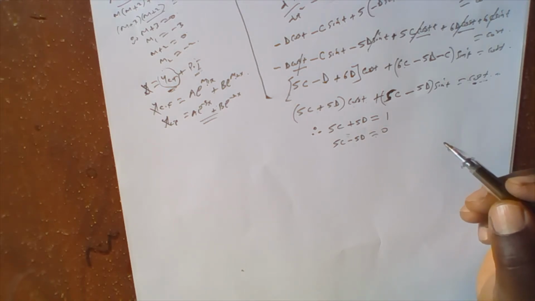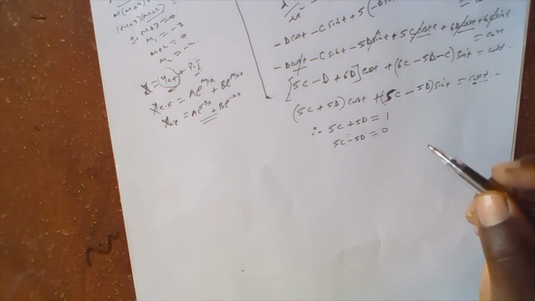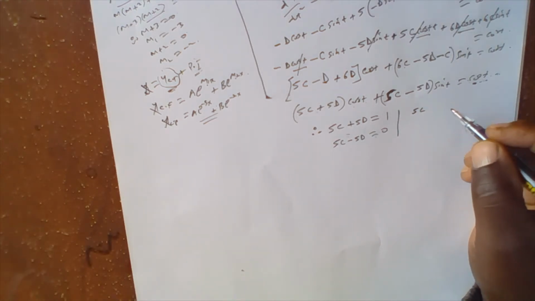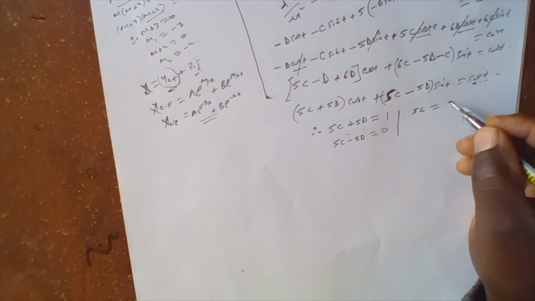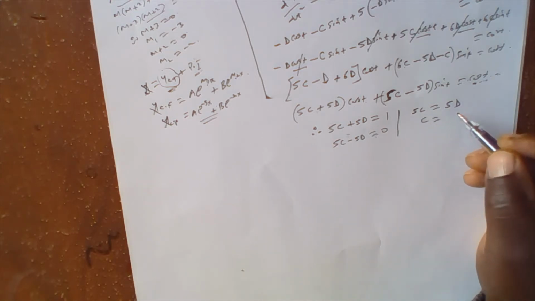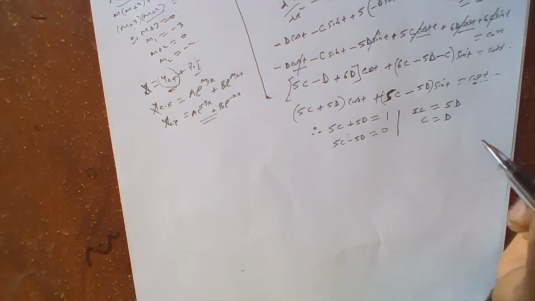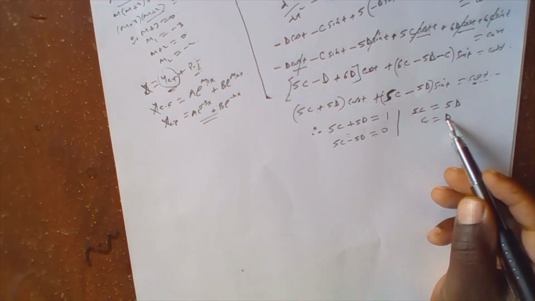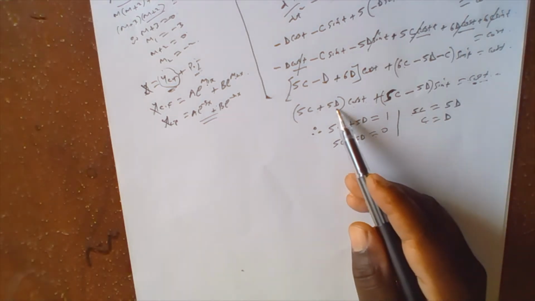So from this, we can say that 5c equals 5d, meaning that c equals d when you divide through by 5. Now if c equals d, we can come here and substitute.